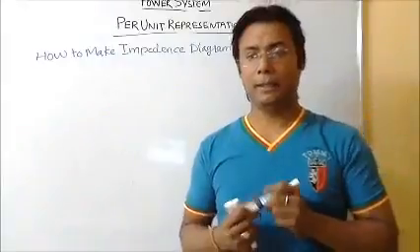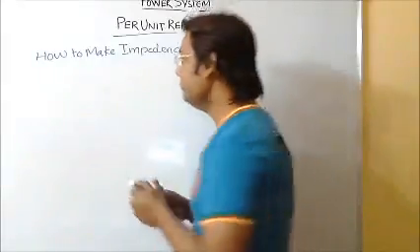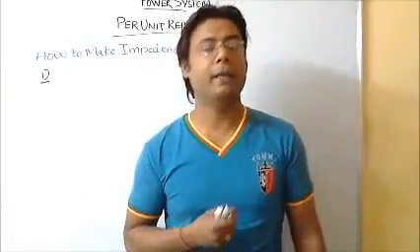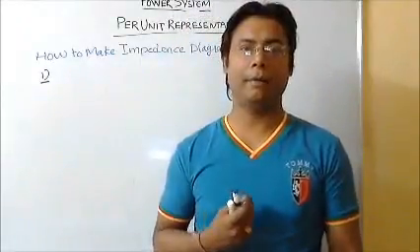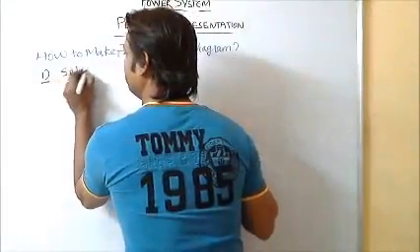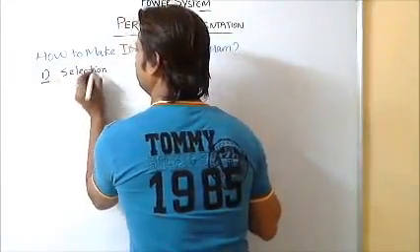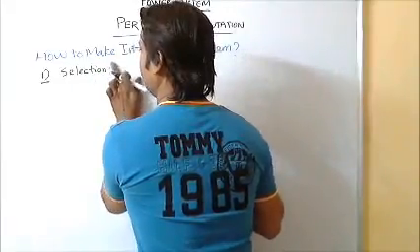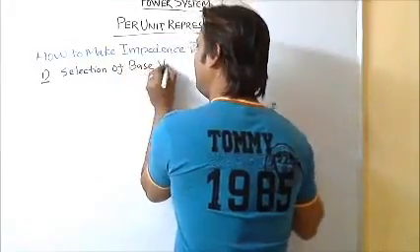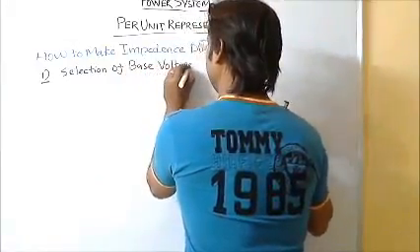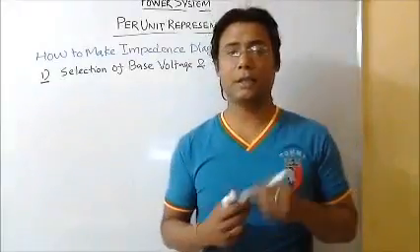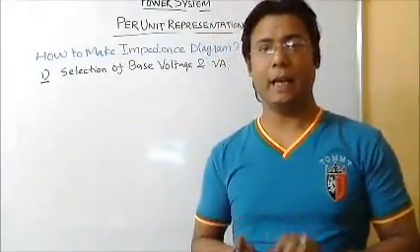How to make the impedance diagram? First of all, the selection of the base voltage and volt ampere ratings are necessary. The first thing is the selection of the base voltage and VA.